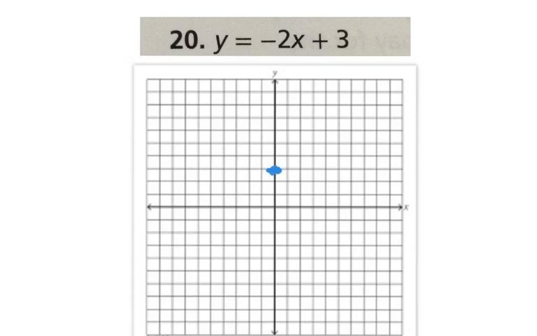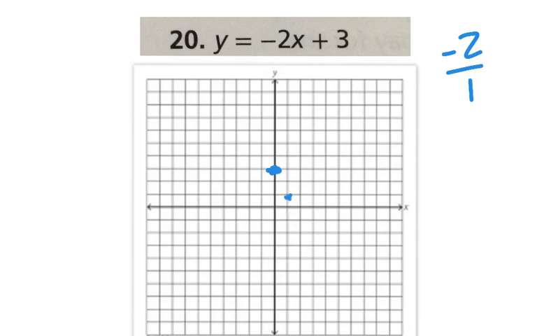And the slope here is -2. Well, we want it to be rise over run. So we can write that as -2 over 1. Which means if I rise -2, what is that going to look like? I'm going to go down 2. And if I run 1, I'm going to go right 1.